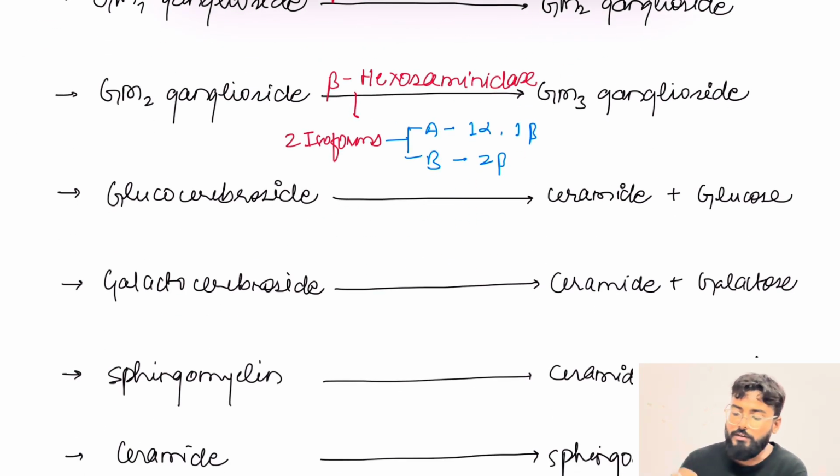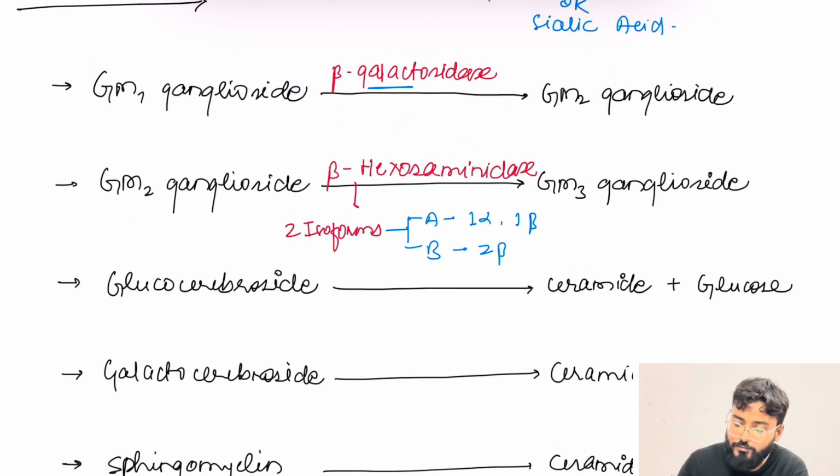Now, glucocerebroside is going to convert into ceramide plus glucose. You know, the glucocerebrosides are formed by combining ceramide with glucose. So when the glucocerebrosides are broken down, this is going to form ceramide plus glucose, and this is done with the help of the enzyme beta glucosidase.